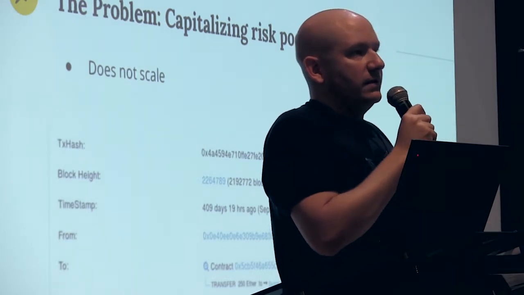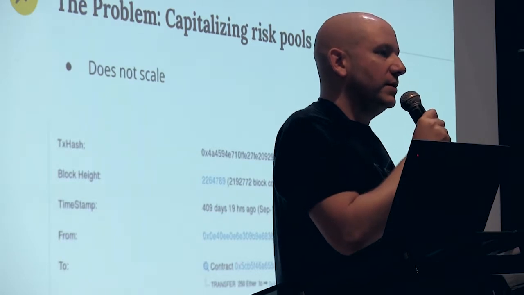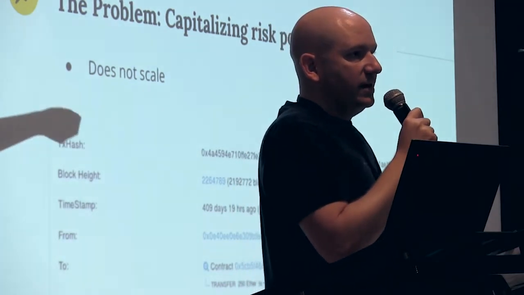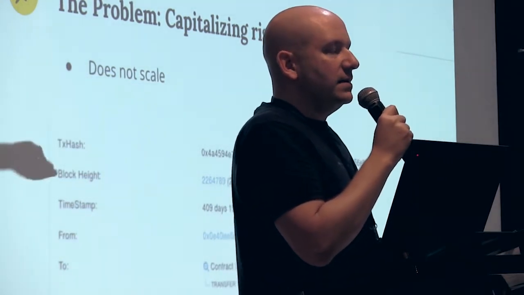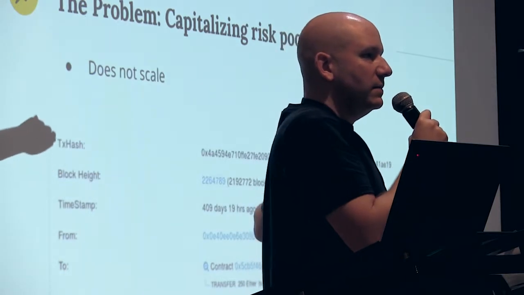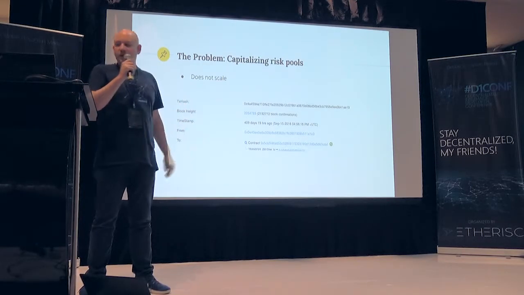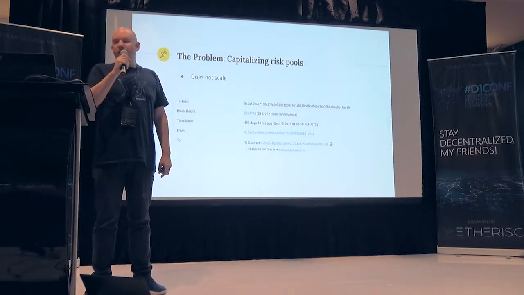If we deploy an insurance contract on the blockchain, we need to capitalize it. We need to capitalize the risk pool. I know it's very small print, so I don't expect you to read it. This is the transaction with which we capitalized the very first risk pool that we deployed on September 15, 2016.